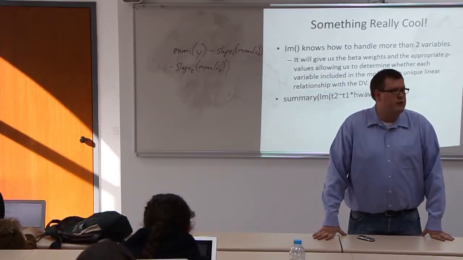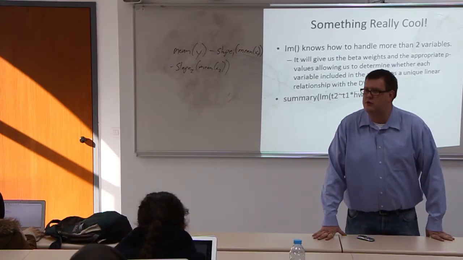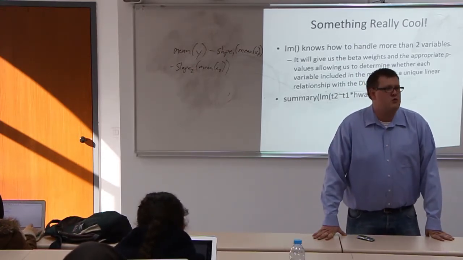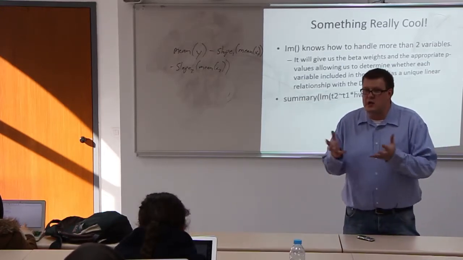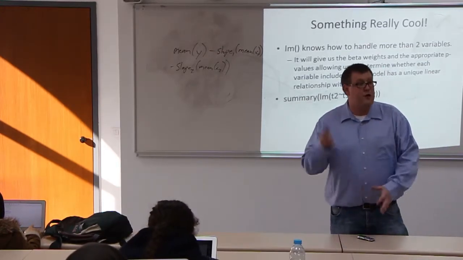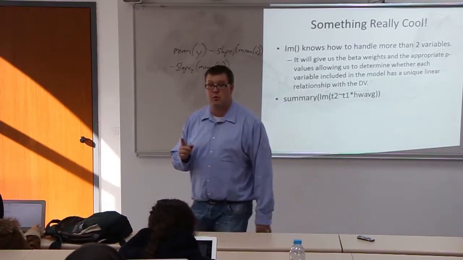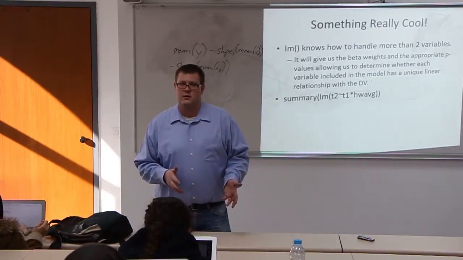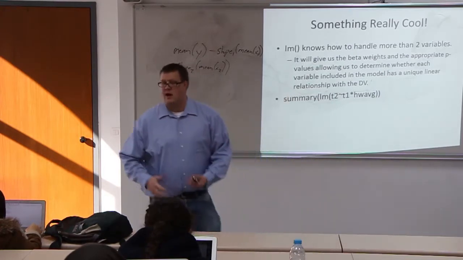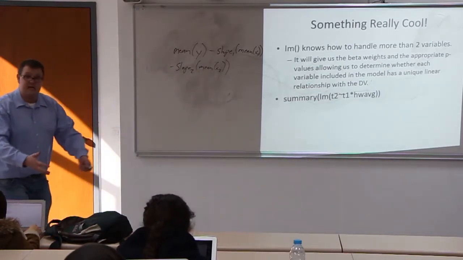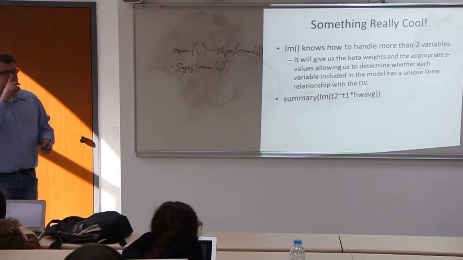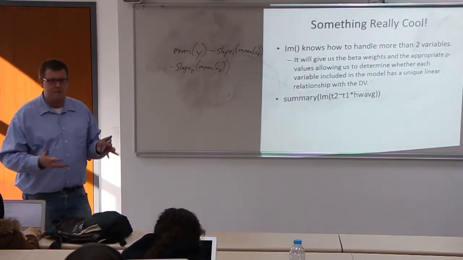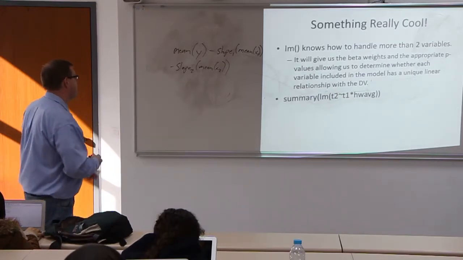If you don't have a reason to believe that the 2 effects should interact with one another, you might not want to include that in your model. If you think that they're going to interact with one another, then you might want to include that in your model. So depending on what you are predicting about the relationships between the different variables, this is going to affect the shape of the models that you will use in practice.